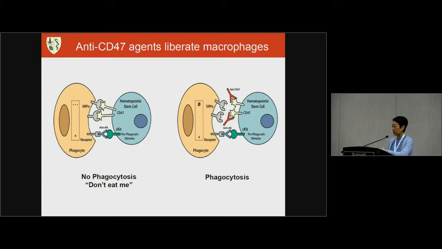So if you can imagine, if we're targeting stem cells, we have an antibody that can make them vulnerable to phagocytosis by macrophages, but the stem cells express CD47, so that can suppress the phagocytosis by the macrophage. And so we thought, maybe if we did a synergistic study where we looked at the anti-47 agents in combination with 117, could we get better clearance of the endogenous stem cells?